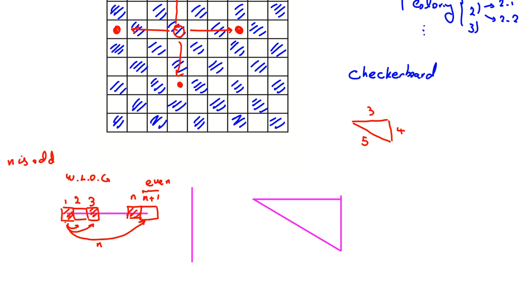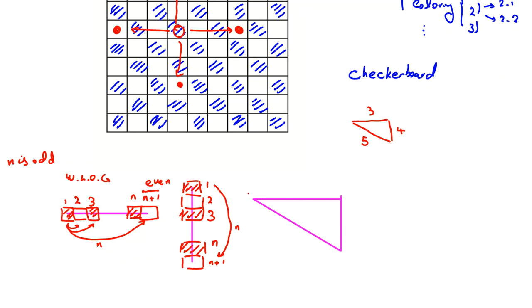So the old square is black, and when we move it to the new square, it is white. So we proved this part. Vertically is the same. If we move to the left or right, the colors are different; it's not important whether left to right or right to left. From top to bottom or vice versa, again they are the same, without loss of generality. It is 1, 2, 3, up to n; the first one is black, the third one is black, n is odd so the nth one is black, and the next one, n plus 1, is white. So n units to the bottom, again the colors are different.